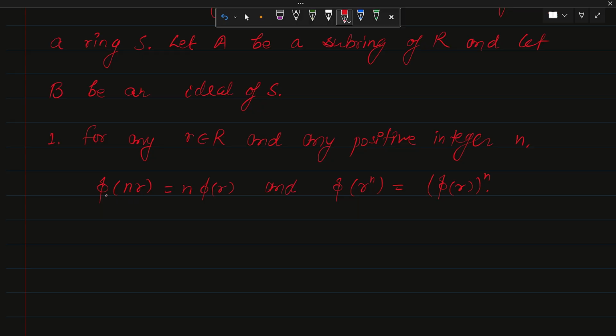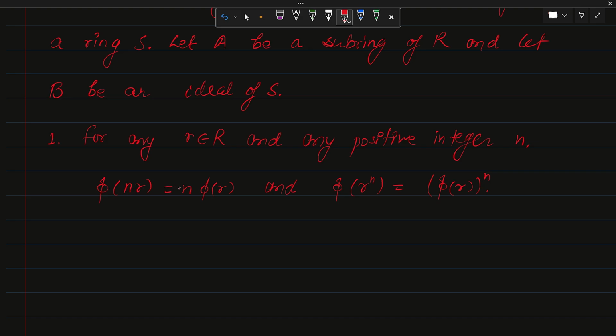तो सबसे पहले हम समझते हैं ये प्रॉपर्टीज का, इन प्रॉपर्टी का मीनिंग क्या है. So here we are identifying the phi image of addition of r n time, right? Here n time r represent the addition of r n times, and this is same as the n time addition of its phi image, right? जैसे अगर हम 2r लिखें यहाँ पर तो phi of 2r that is phi of r plus r, right?